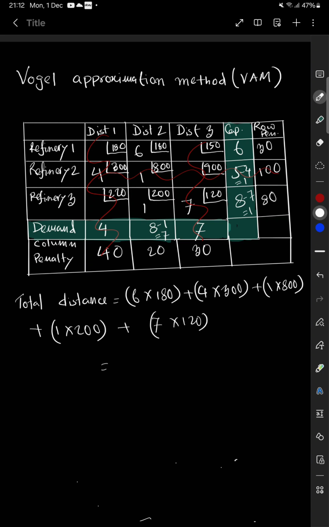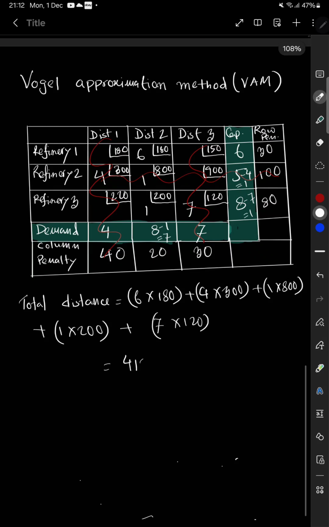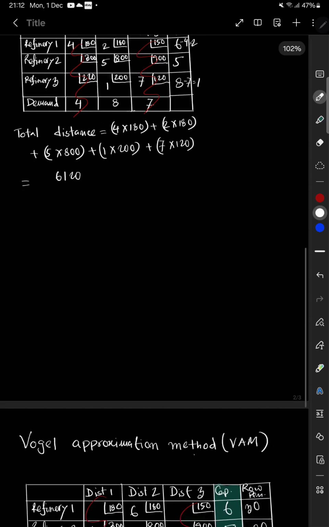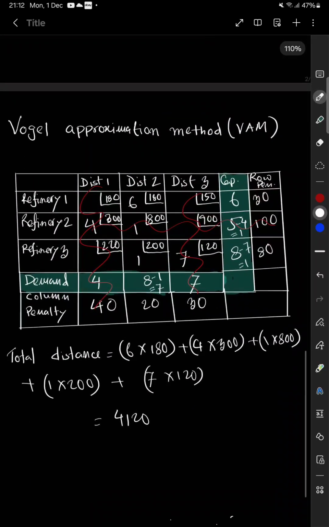So we got 4,120, which is actually way less than the last two solutions.